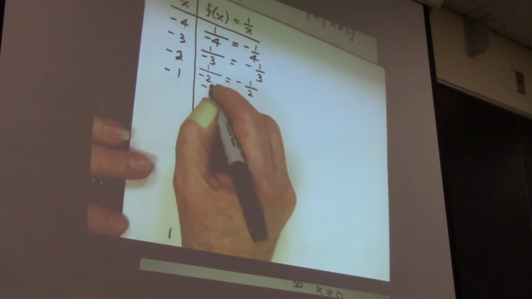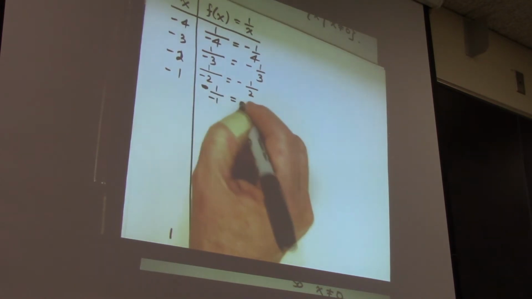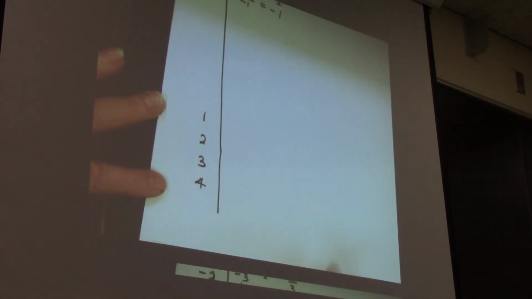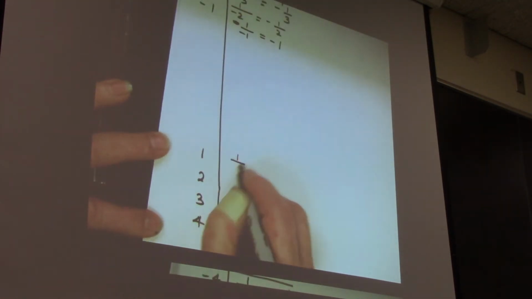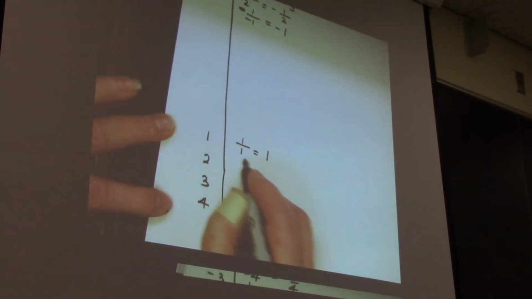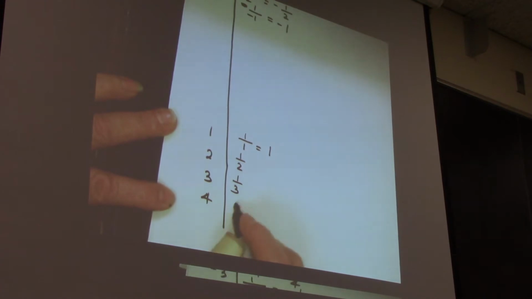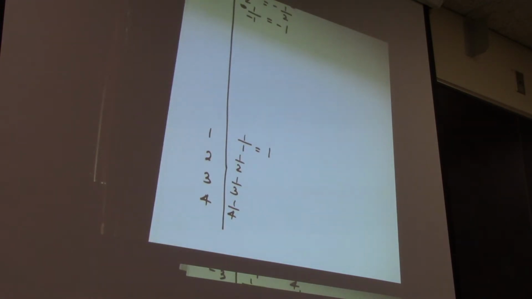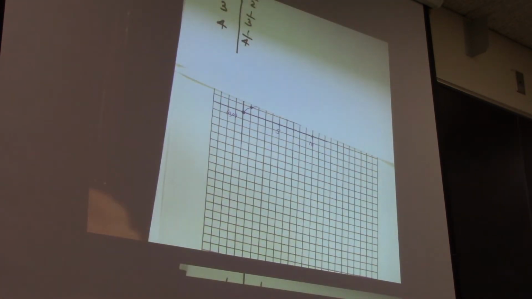When x is negative 1, y is 1 over negative 1, which is negative 1. When x is 1, y is 1. When x is 2, y is 1/2. When x is 3, y is 1/3. When x is 4, y is 1/4, etc. Okay, let me plot those points.